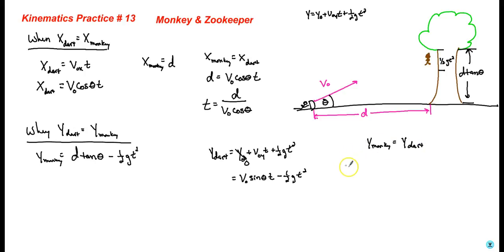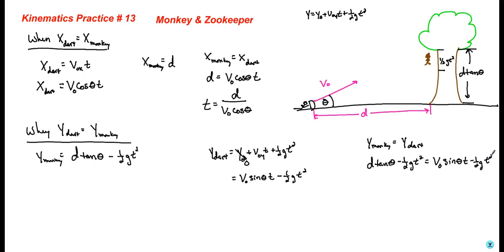In that case, all I'm going to do is plug in this stuff that I have here. So we have d tangent theta minus 1/2 gt squared is equal to v sub o sine theta t minus 1/2 gt squared.